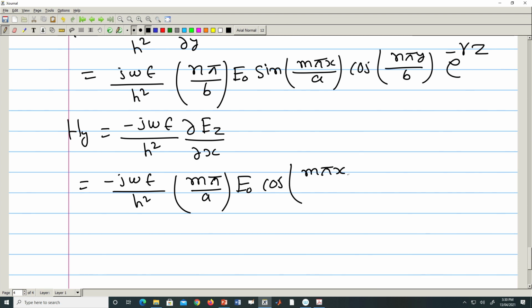And Hz will be 0 because this is for the TM to Z mode, and k square is omega square mu epsilon.